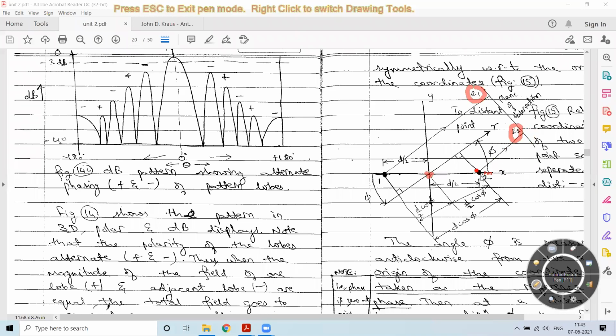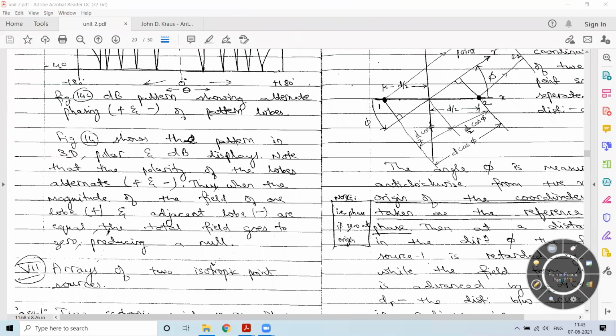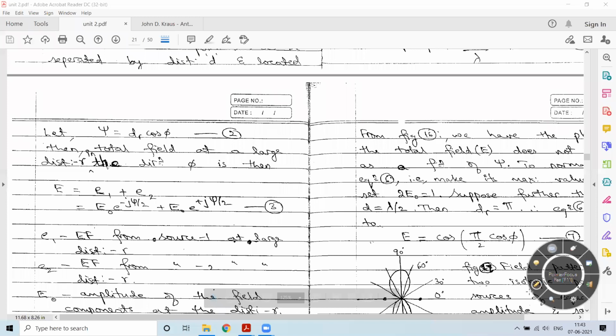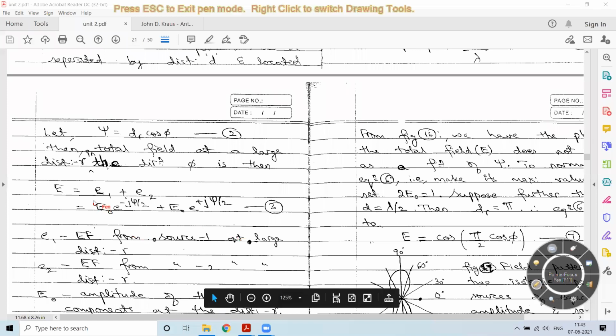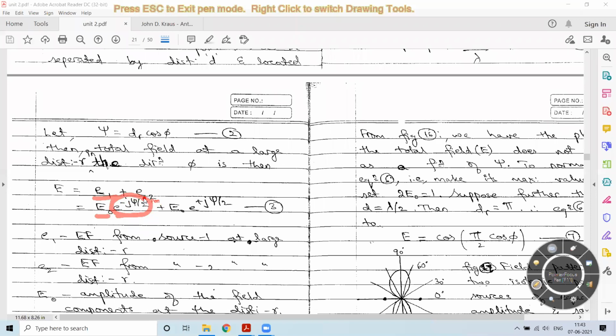Since there is no phase difference between source 1 and source 2, and they have the same amplitude, I can represent E1 as E naught into e raised to minus j psi by 2. This tells us that with respect to the reference point, there is a phase lag of psi by 2 for source 1.